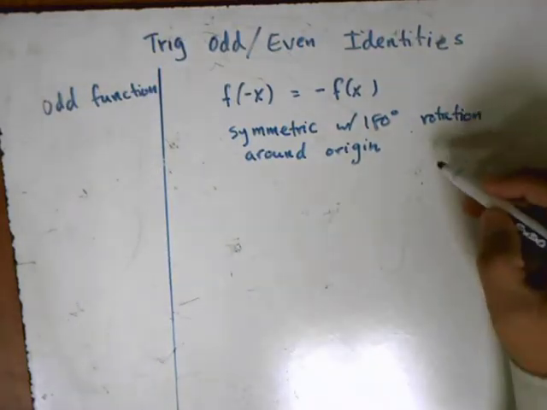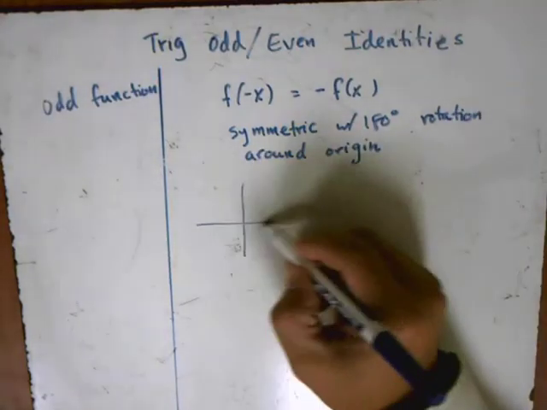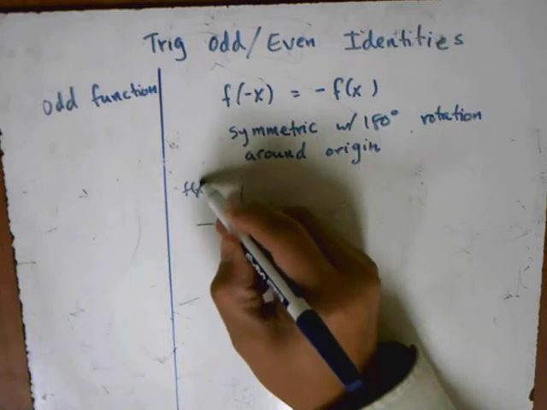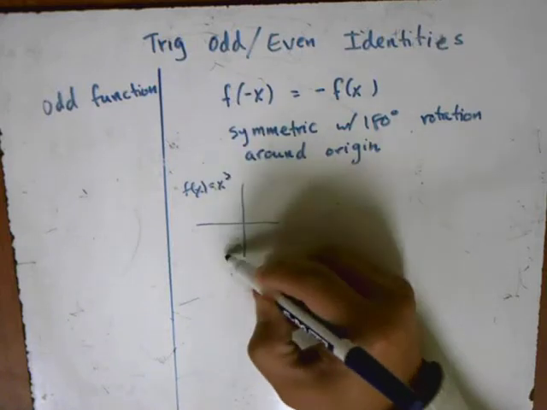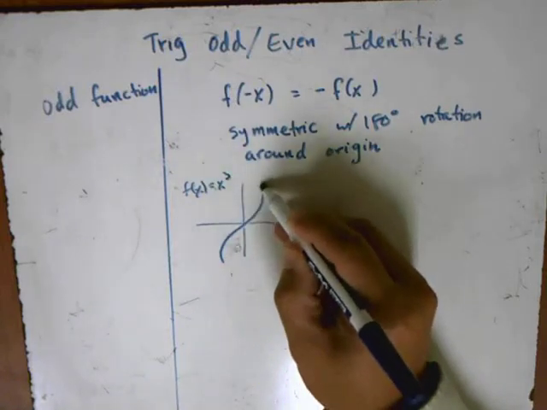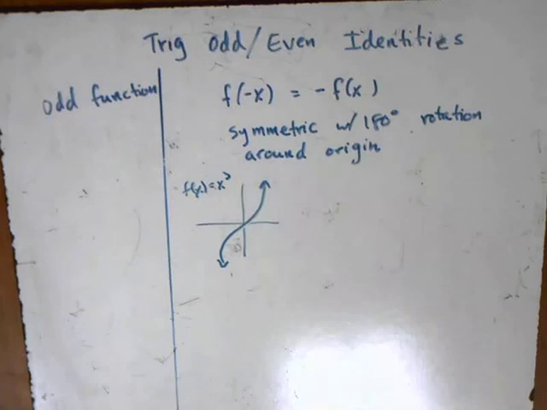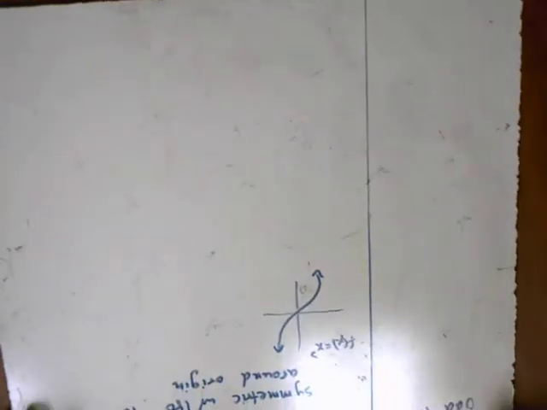For example, f of x equals x to the third is an odd function that's symmetric about the origin. In other words, if I take this picture and rotate it 180 degrees, you can see that I have the exact same picture as before, the exact same graph.